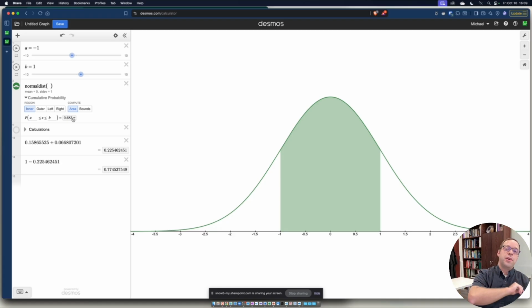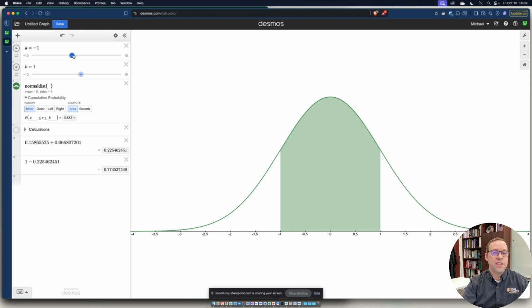When we talked about the empirical rule before, I said the probability of being within one standard deviation of the mean is 68%. And then I followed that by saying, I'll show you why later. Well, it's later. It is time. This is exactly how we get that. The area within one standard deviation of the mean is 68%, specifically 68.3%.